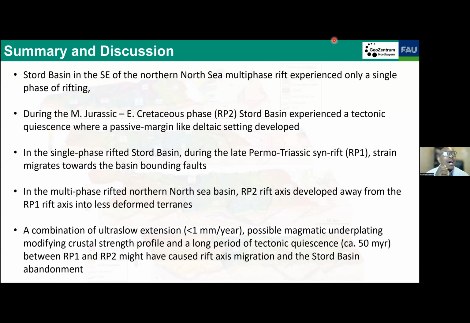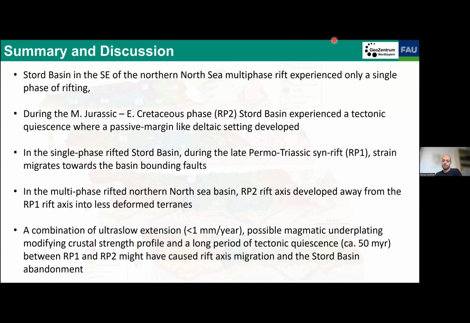Because I'm really trying to see how the magmatism could have influenced the outward migration of strain from the Stord Basin. Yeah, so we hypothesize that. It's not clear. There are some models that try to explain this rift axis migration. What we see in the Stord Basin is a very ultra slow extension.